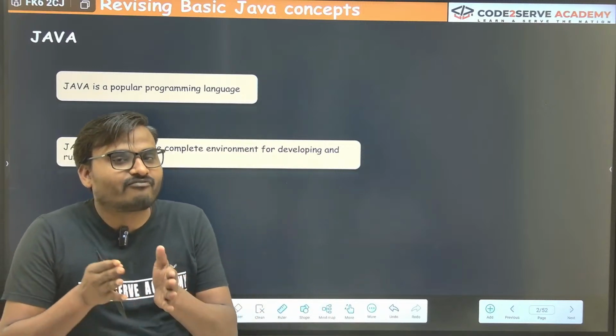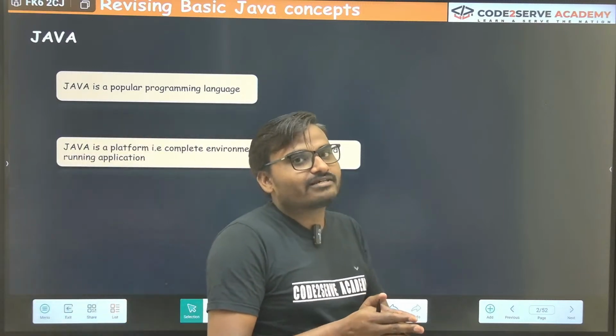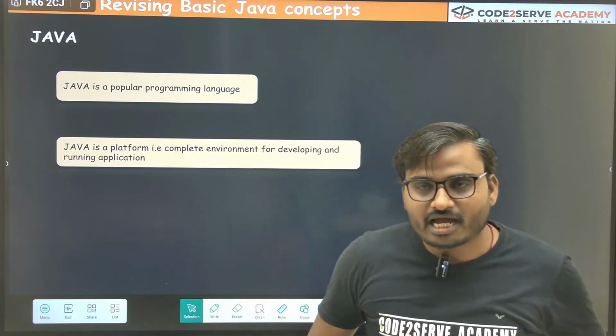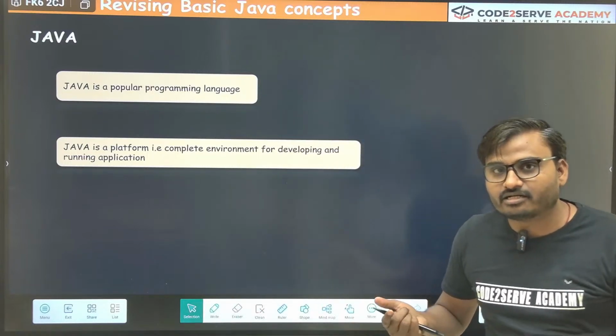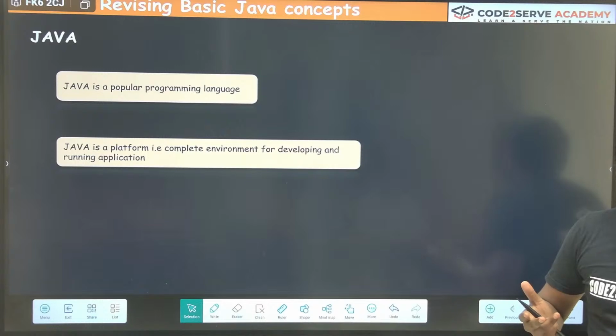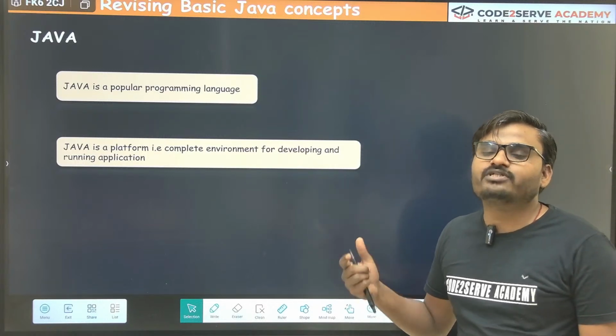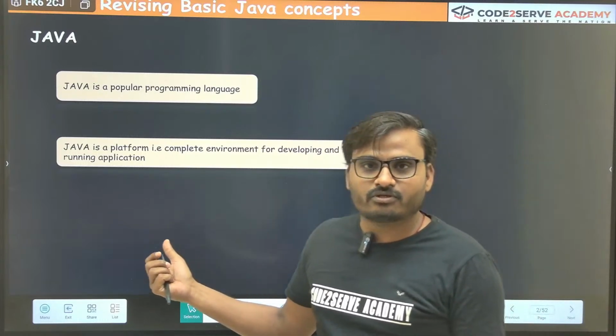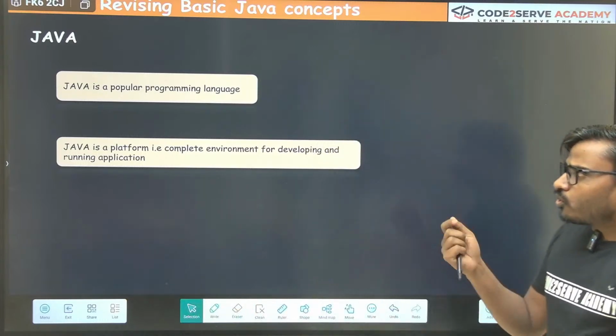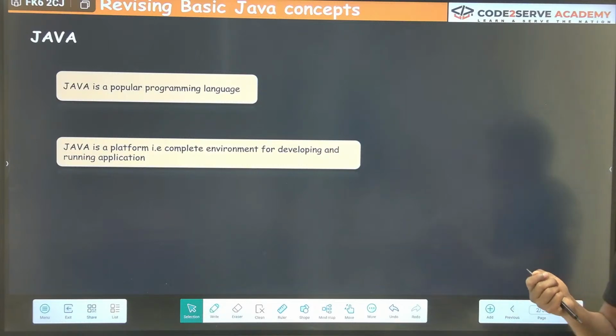So one type of coding that we say is object-oriented programming. And we are mostly concerned with this paradigm, that is the programming paradigm. And what type of programming paradigm? Object-oriented programming paradigm, right?